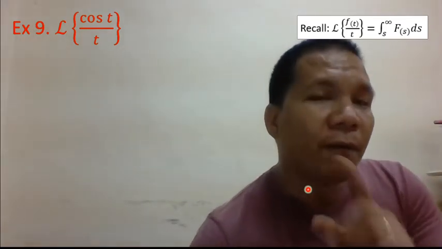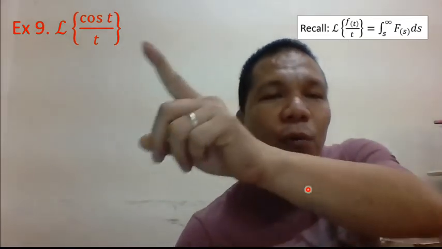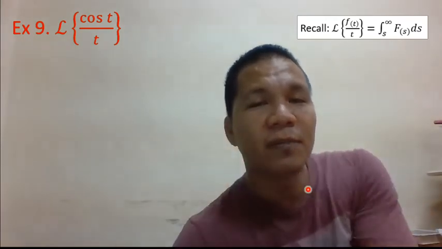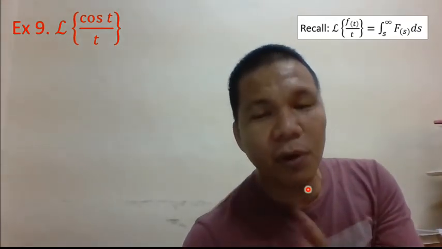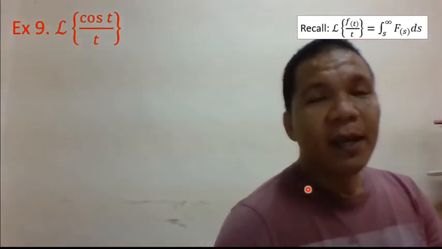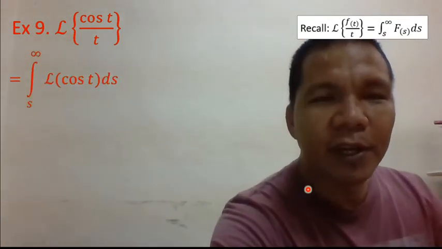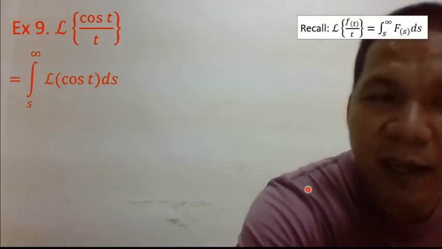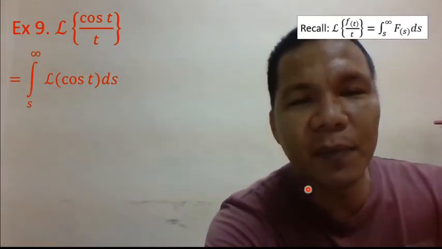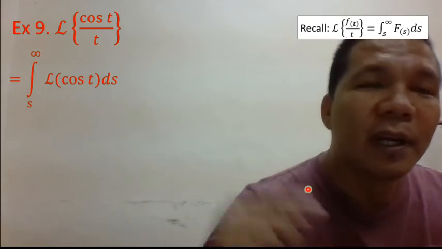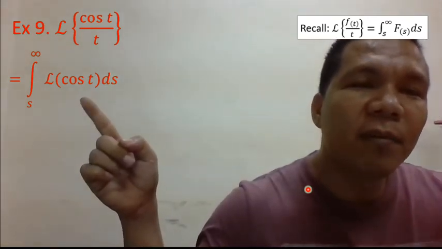First, you are going to identify which of these is your function of t, cosine or t. Of course, it's obvious that it is cosine. So your function of t is cosine, therefore, we are going to plug that in your integral. That is the integral from s to infinity of the Laplace transform of cosine t.